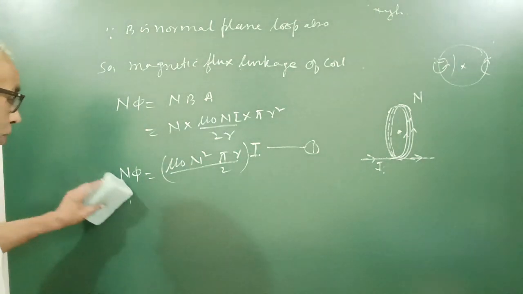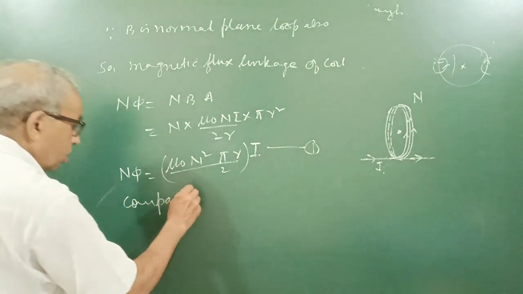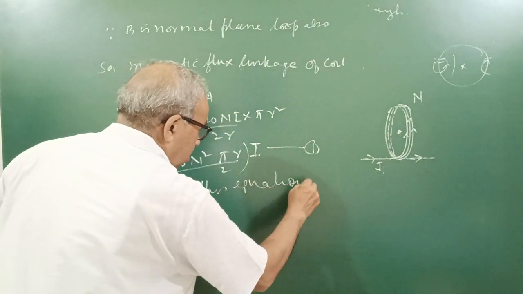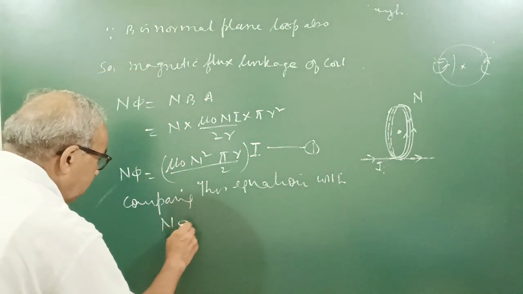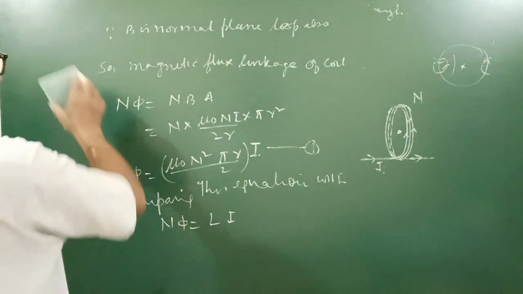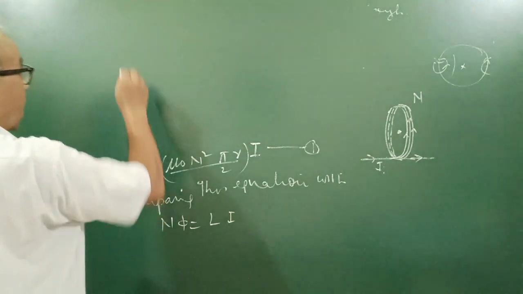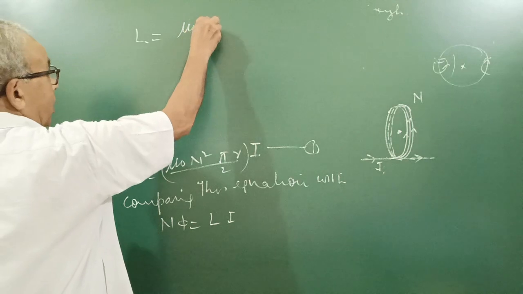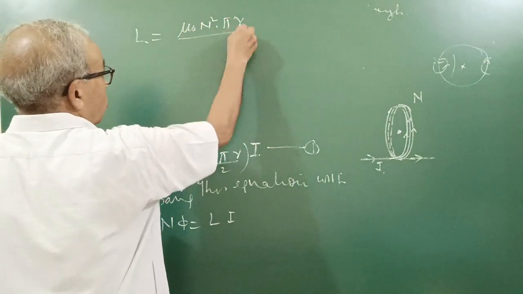Comparing this equation with N phi equal to L I, we get L equal to mu 0 N square pi R upon 2.